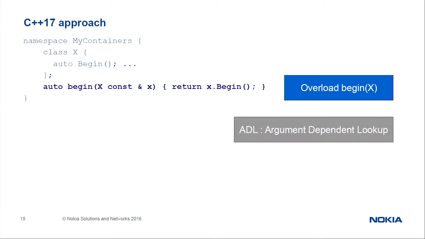We'll need to add a mapping between the dot begin in camel case and the dot begin that we are expecting. And this function will be found by ADL, because this function is in the namespace associated with the class X.